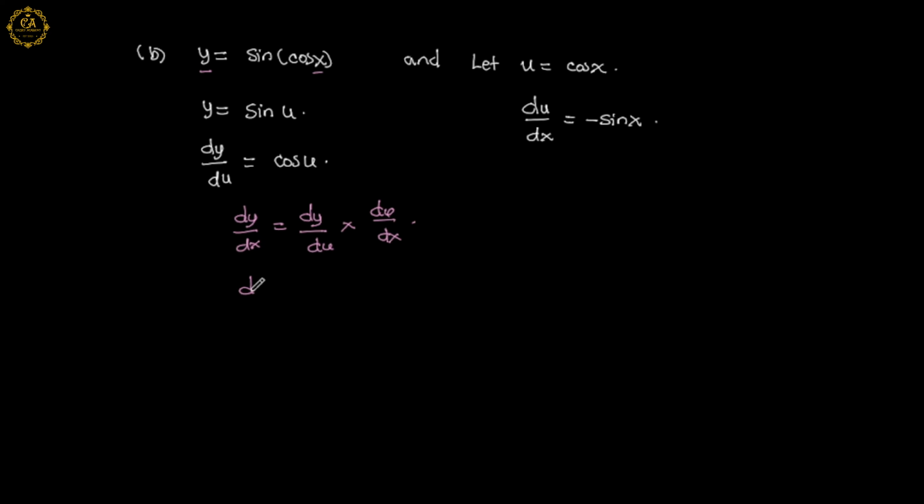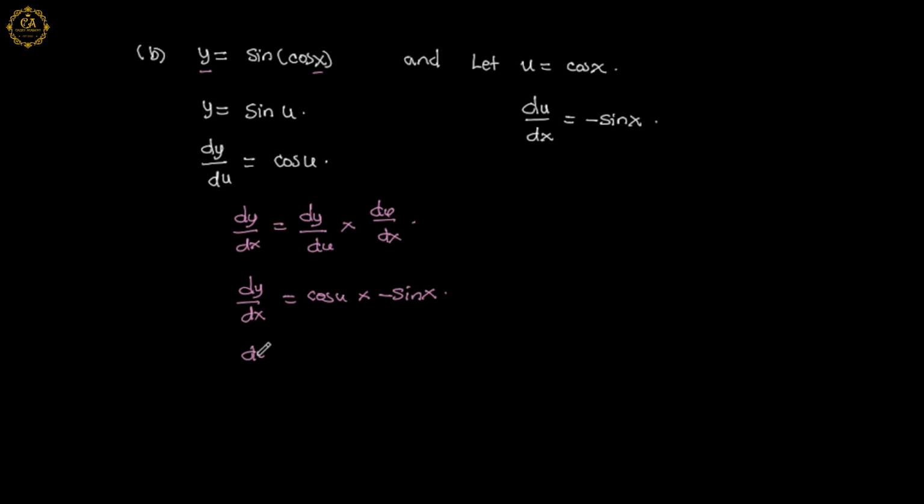So dy by du equals to cos u times du by dx is negative sine x.